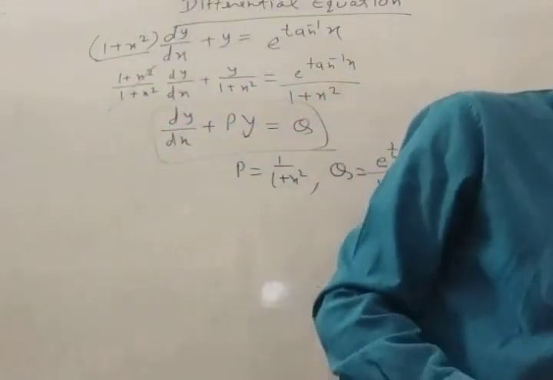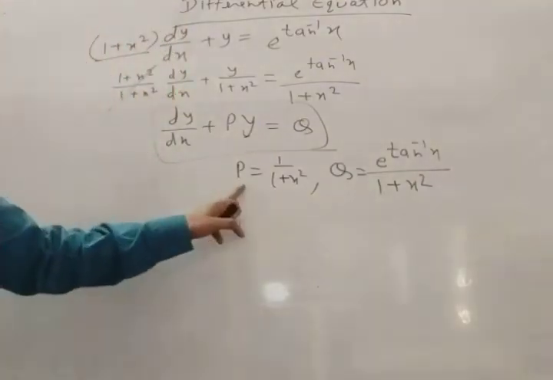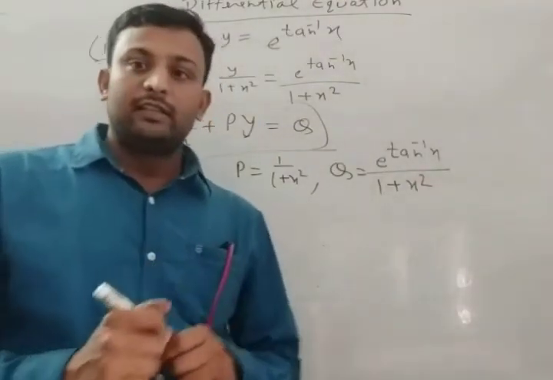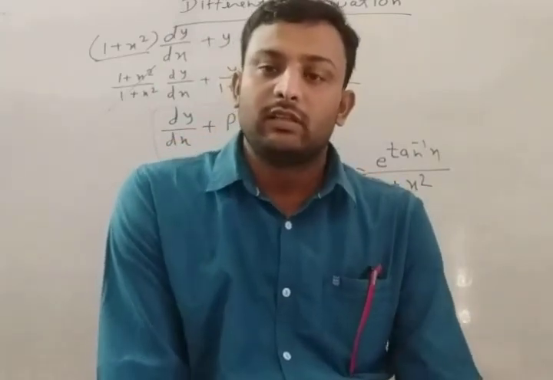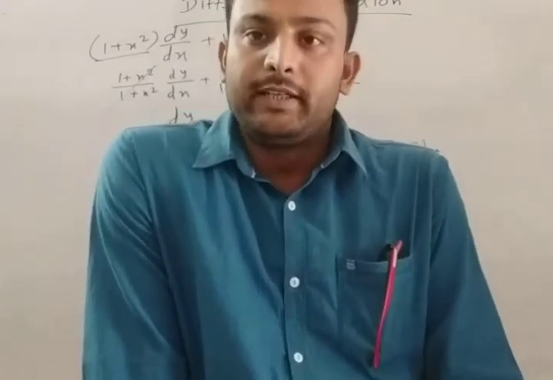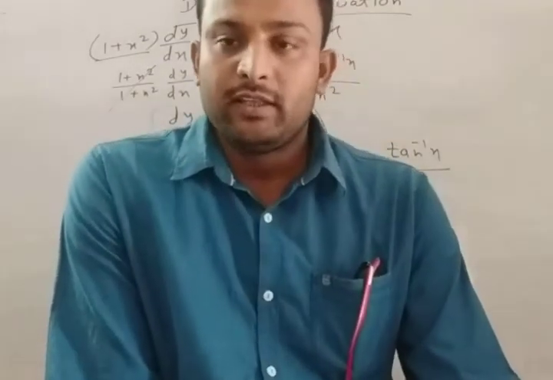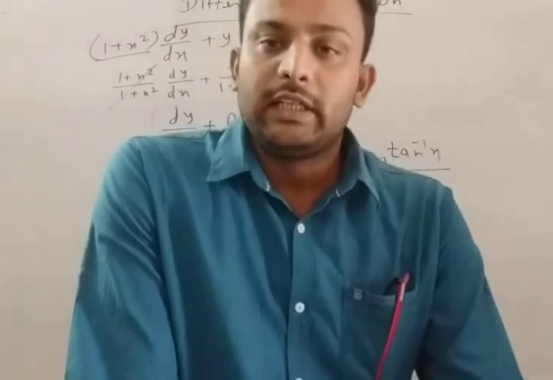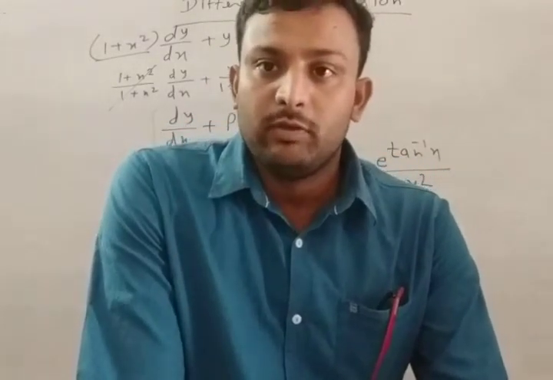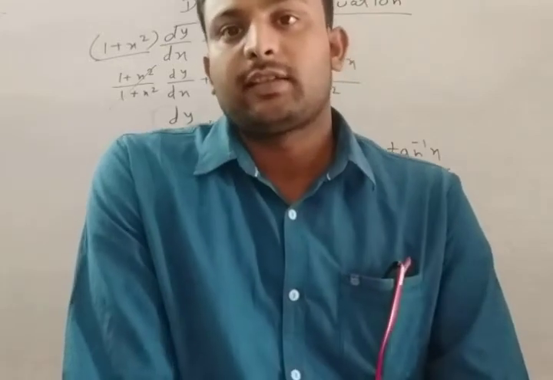Now, you know this is a linear differential equation, and to solve a linear differential equation, first we will find the integrating factor. It is of the type dy by dx plus py is equal to q, so our integrating factor is e to the power integration of p dx.